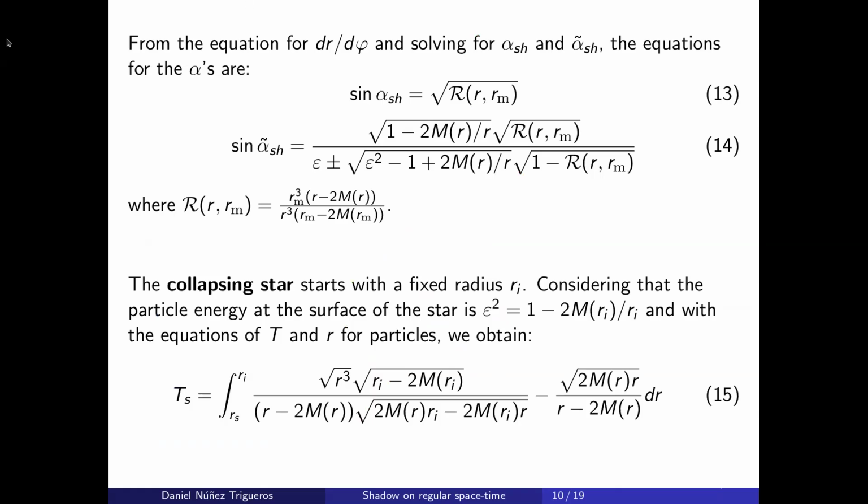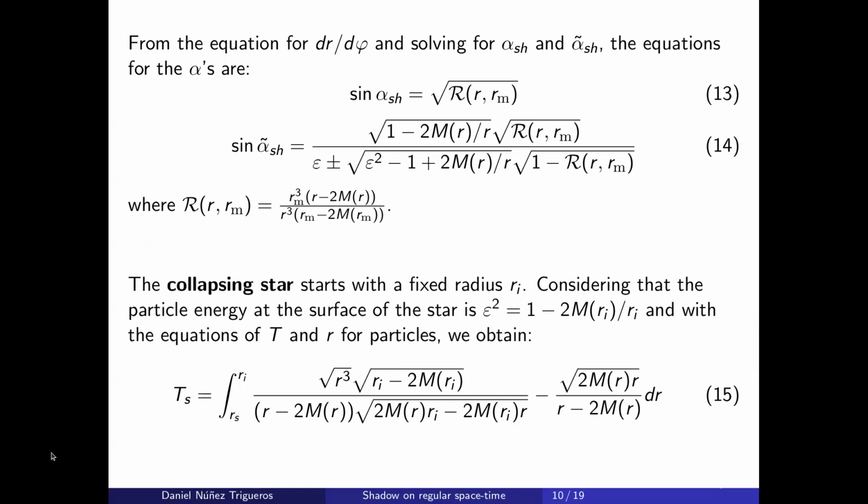And this is what we want. We want the angular size of the shadow in terms of the radius to describe the collapse as the star has a surface smaller and smaller. So what we're going to do first is step on the surface of the star and see how it decreases. And what we are going to use is the timelike matter equation, because those are particles with mass.